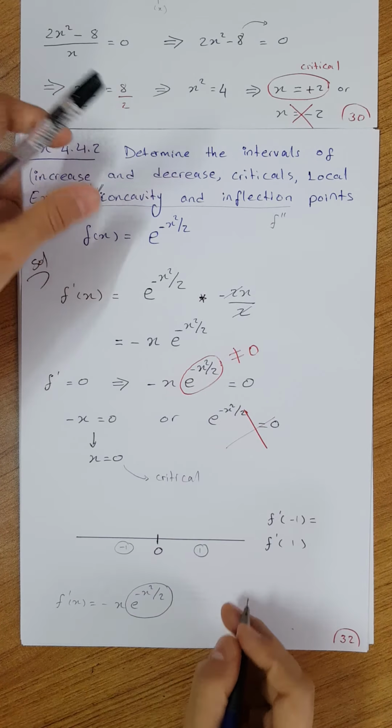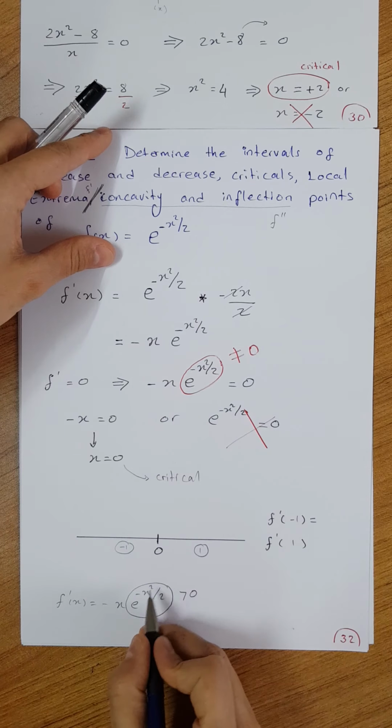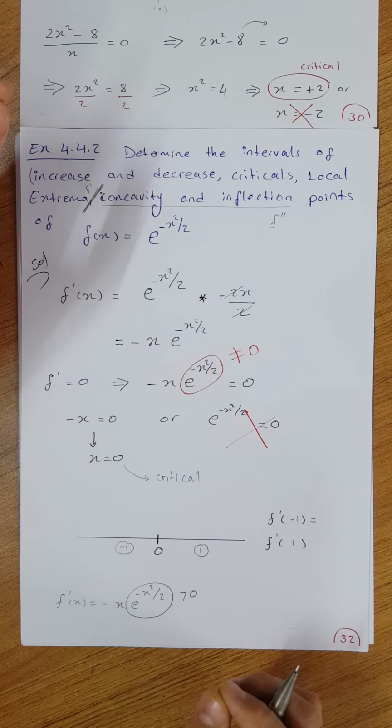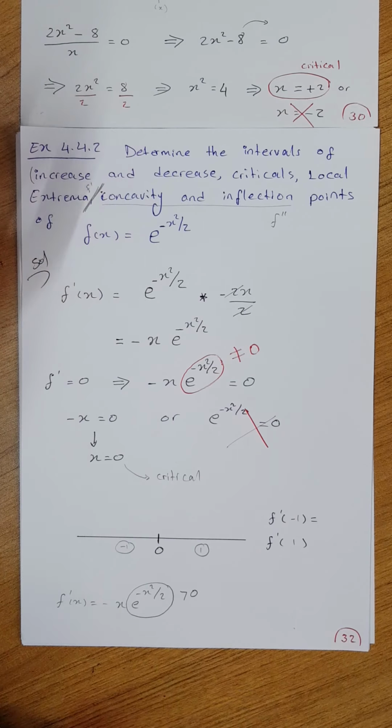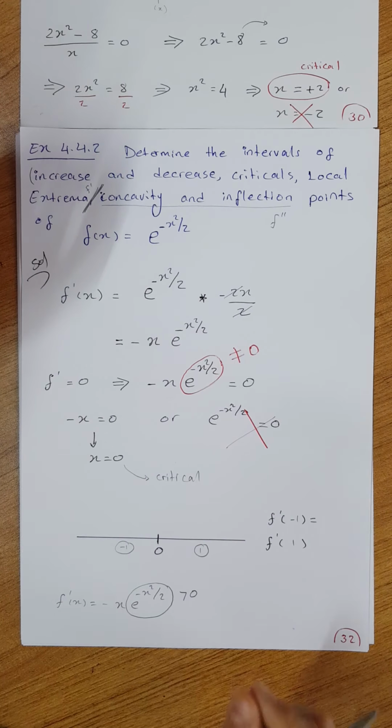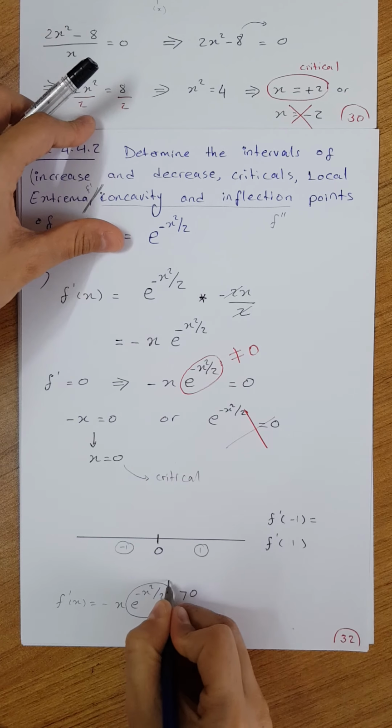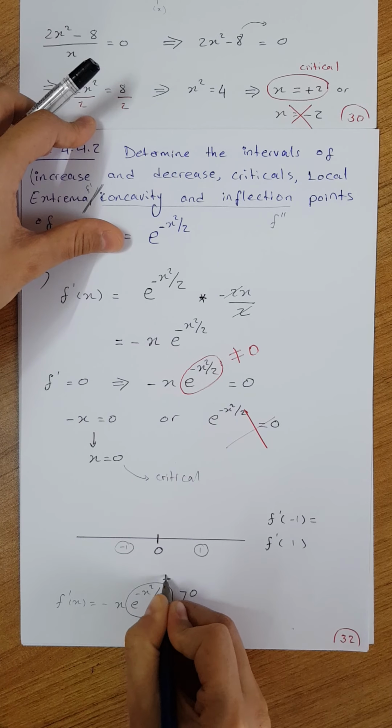We never get 0 or negative numbers from that function. So whatever number I put instead of that x, positives, negatives, rationals, irrationals, it never gives me 0 or negative numbers. So that one is always positive.